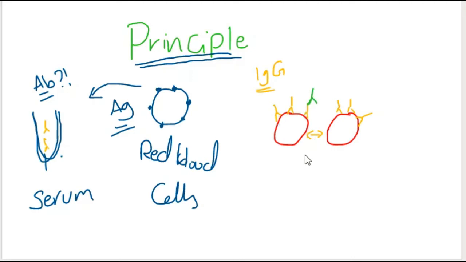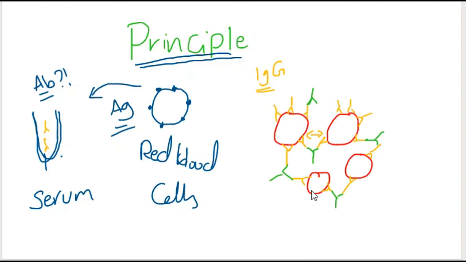So in this case, it will be able to form bridges between cells, because let's draw. This is antibody. So anti-antibody will be bound.